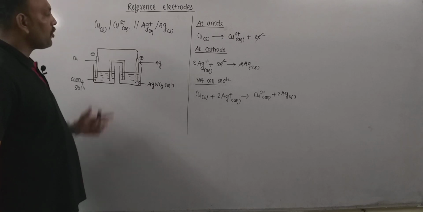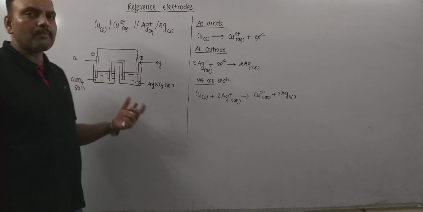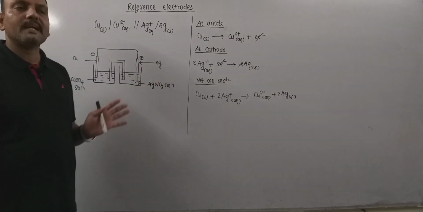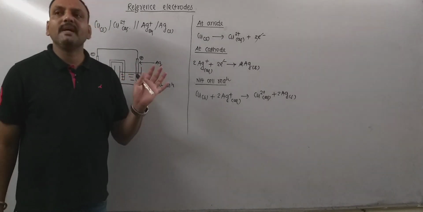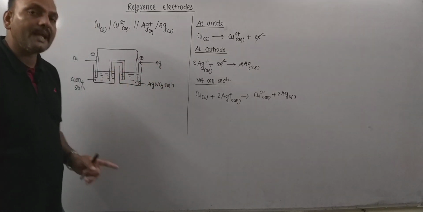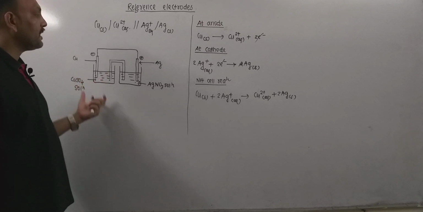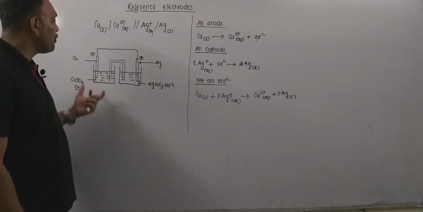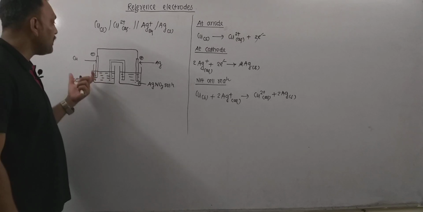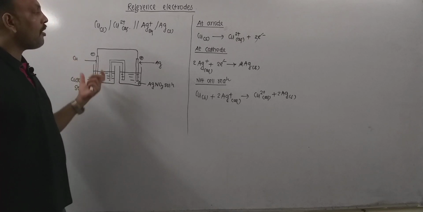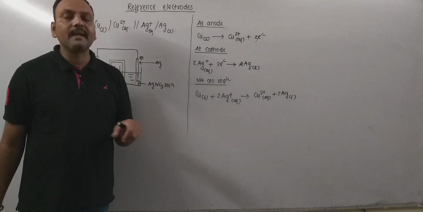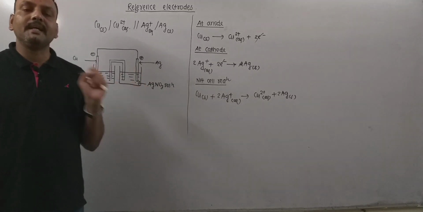These electrodes have certain potentials, but earlier we said that the cell potential can be determined experimentally, but one can't do the same with a single electrode. If you want to calculate a single electrode potential, either the potential of the copper electrode or of the silver electrode, that cannot be calculated experimentally.